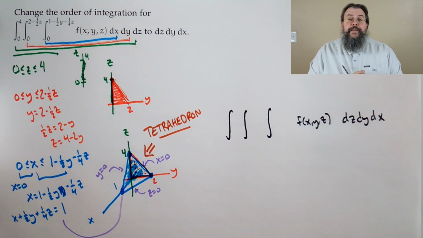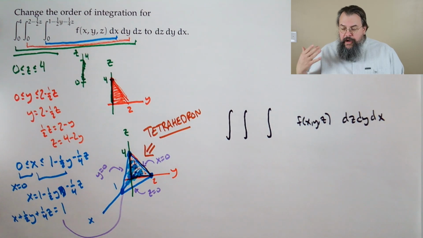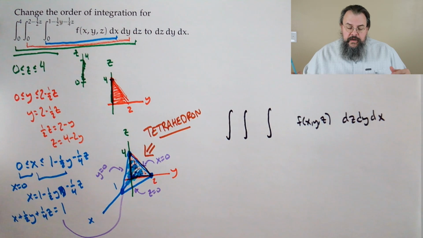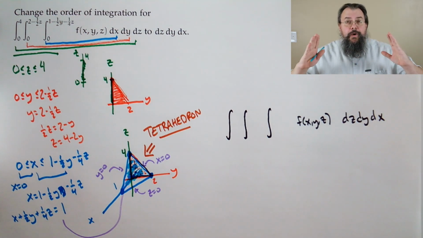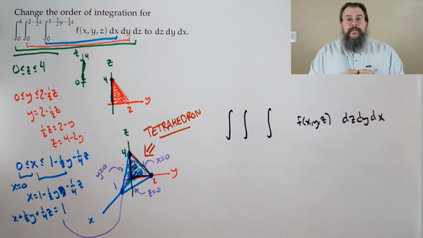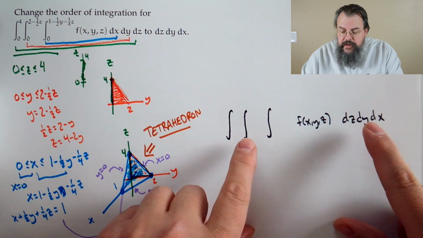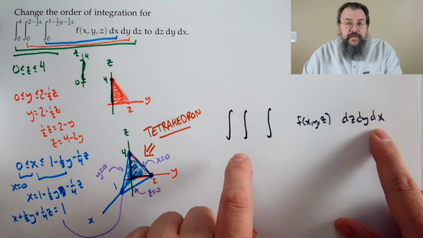So there are different philosophies about how to find the bounds. I'm going to talk about the way I like to find the bounds because it's what works for me, and I think it's intuitive. And so what we should do is work one layer at a time and work from the outside in. So I want to work from the outside going in, which means I want to figure the x bounds first.